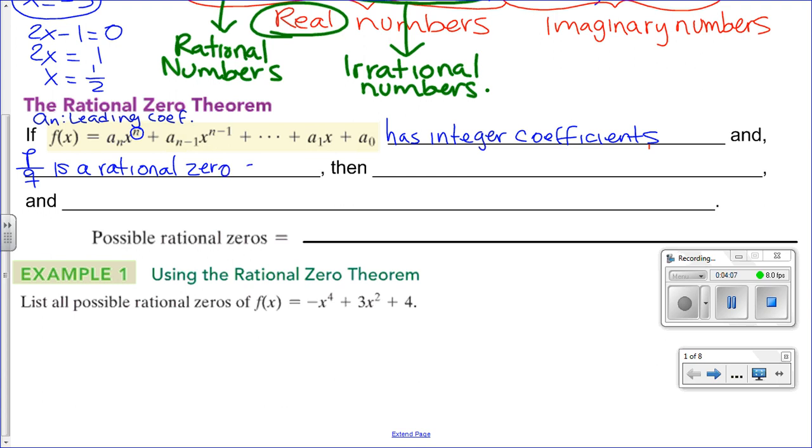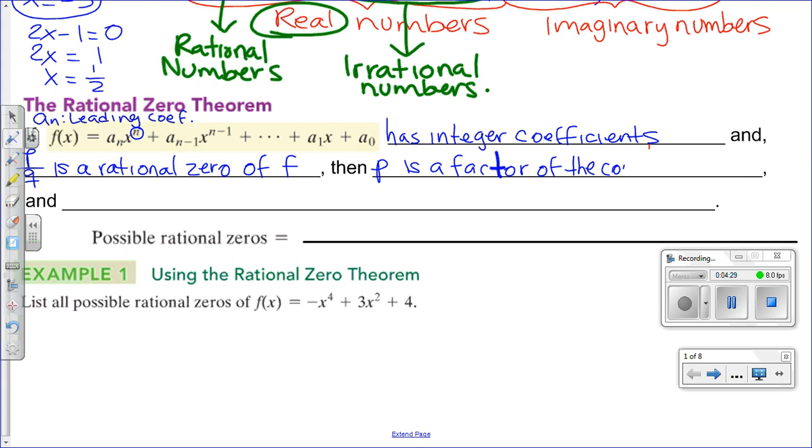zero of f, then we have that p, remember that is an integer, is a factor of the constant term. And that is represented by a sub 0. This one, that is a constant term.